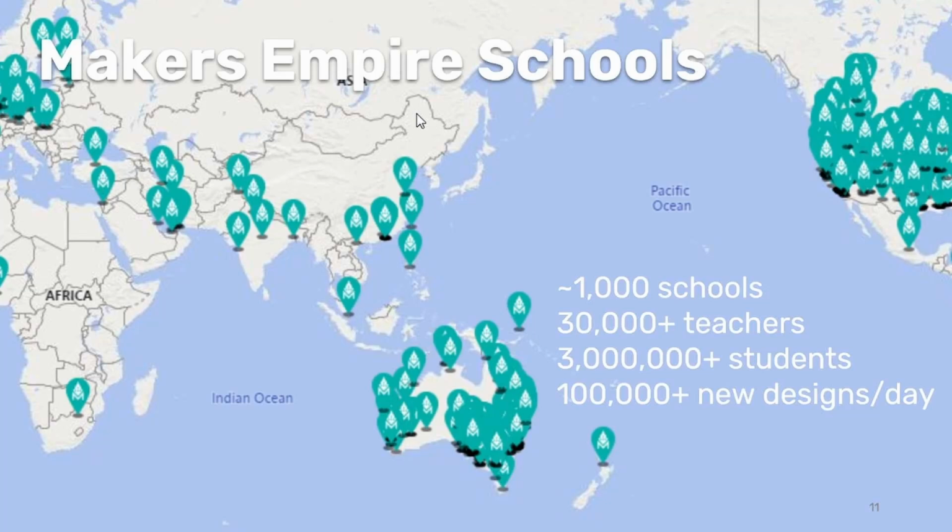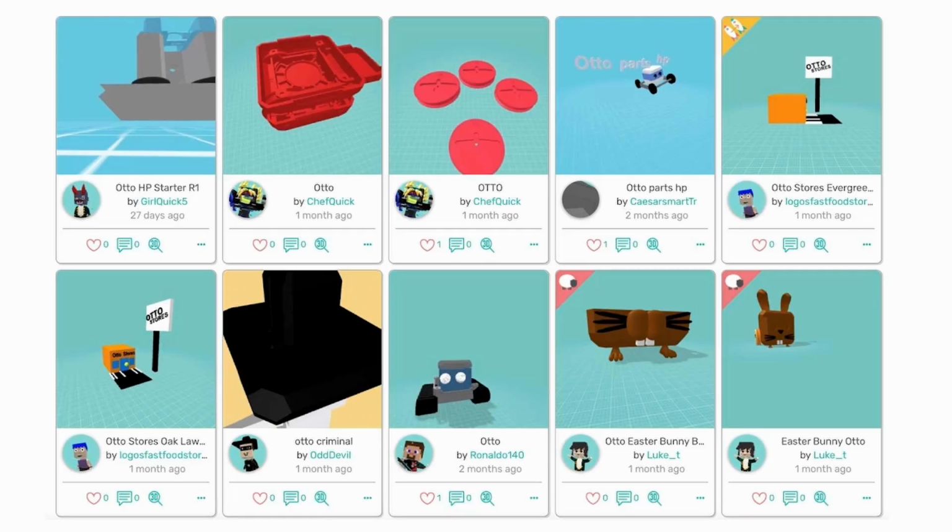We're getting close to 4 million users, and there's lots of designs made every day. The ones you can see on the screen here are made with the Otto pack, which we recently introduced after making this collaboration with HP Robots Otto. So you can see already there's lots of students remixing the Otto components to make some really cool new designs.